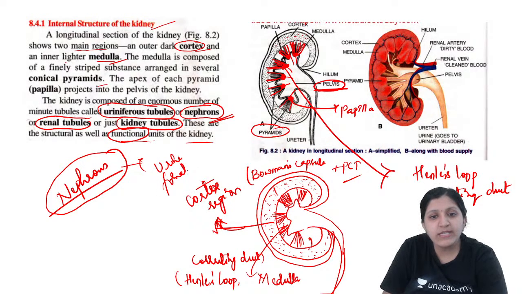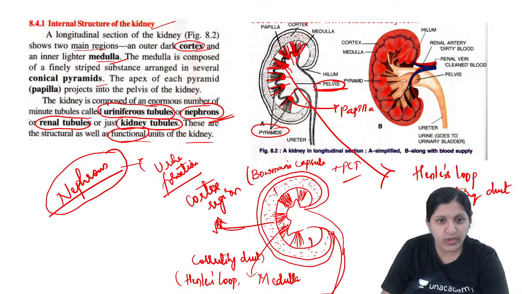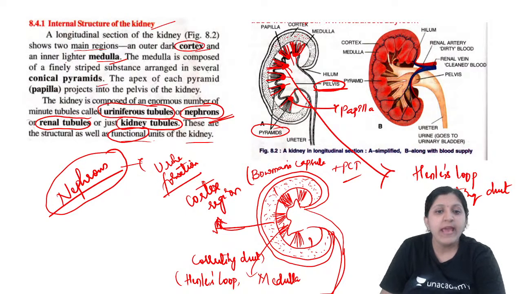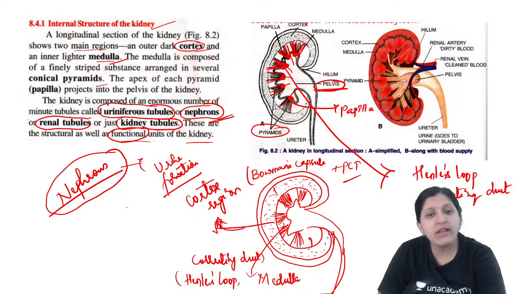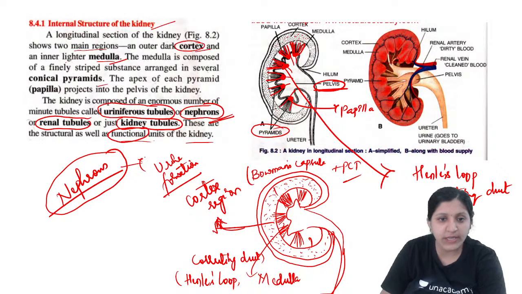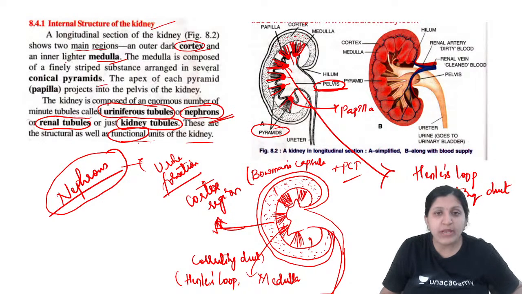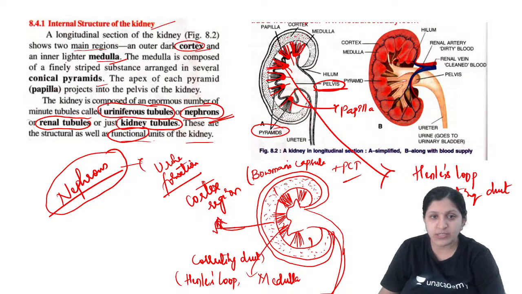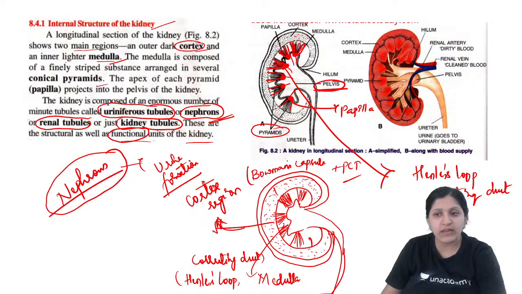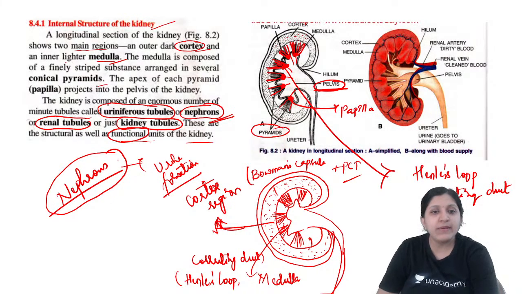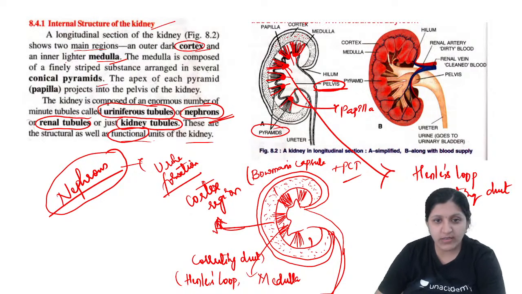So that is why we call it a functional unit of the kidney as well. When we mention the nephron, it is basically the structural and functional unit of the kidney. It is made up of different cells, which you need not study in this class. Basically, I'll just be explaining the structure of this nephron.